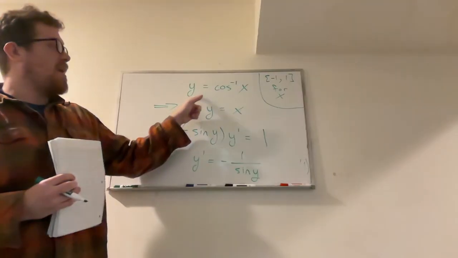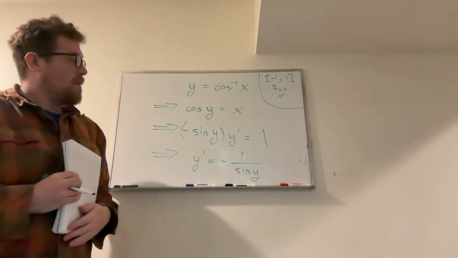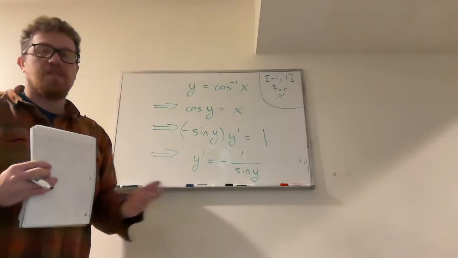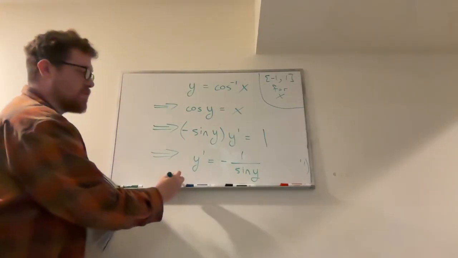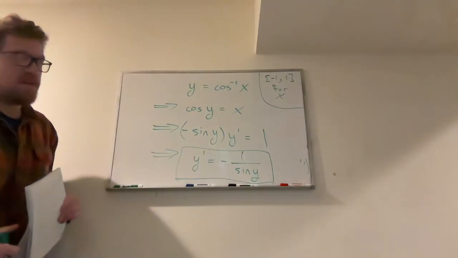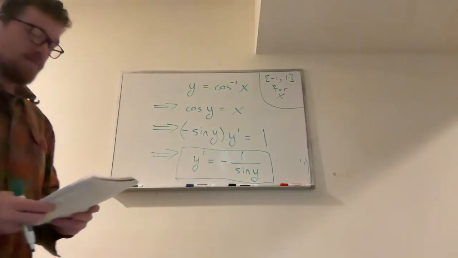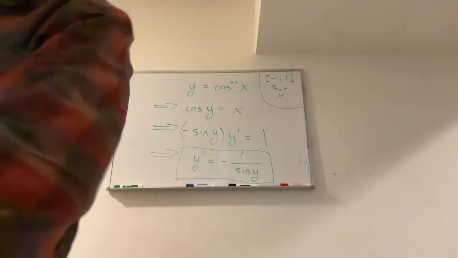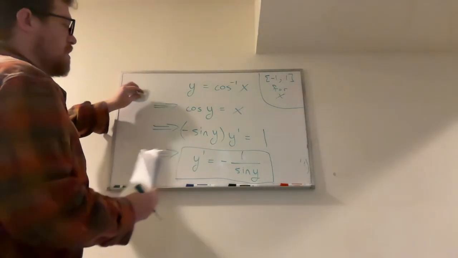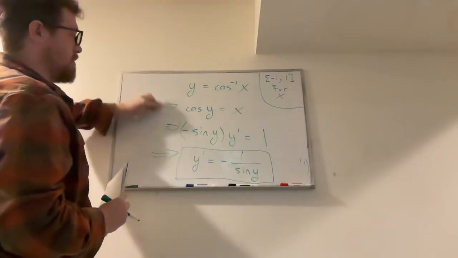Because we know that y is a function of x, so sine of y is also a function of x. And so the question is, what is this function? So really this is sort of the answer, but it's not fully simplified. So we really want to see, what is this as a function of x? So we have negative 1 over sine y, and y is this arc cosine function.